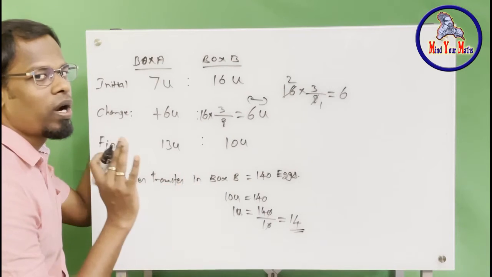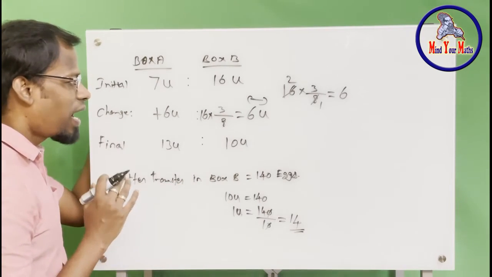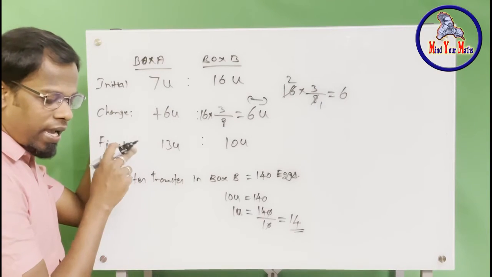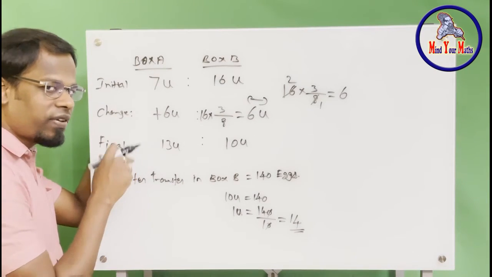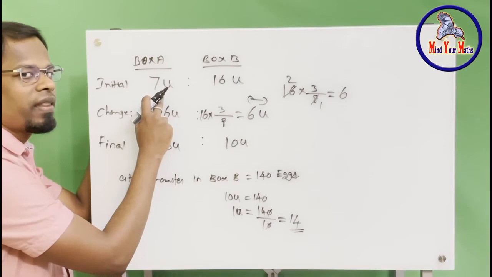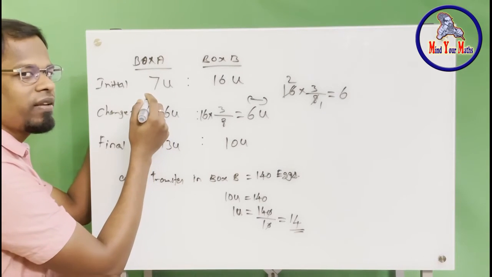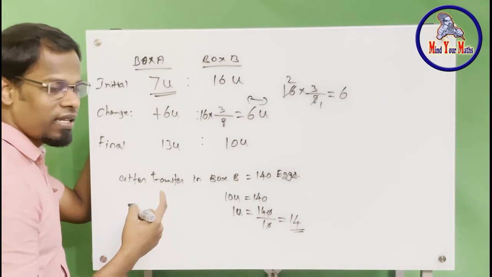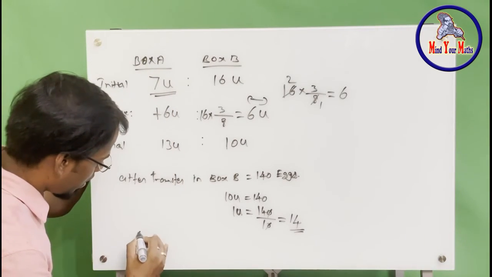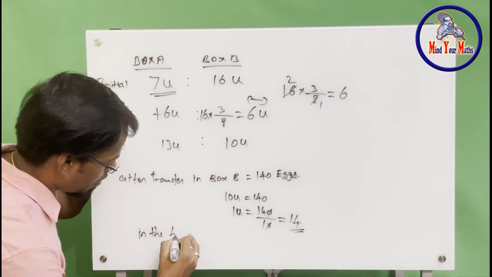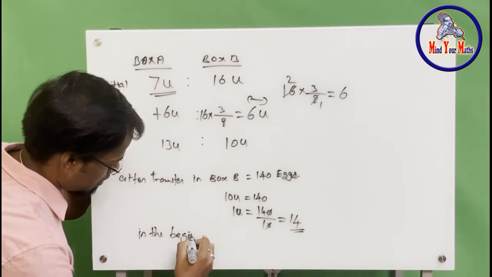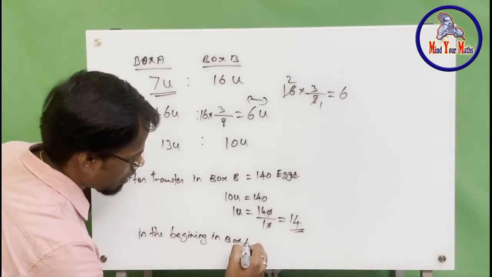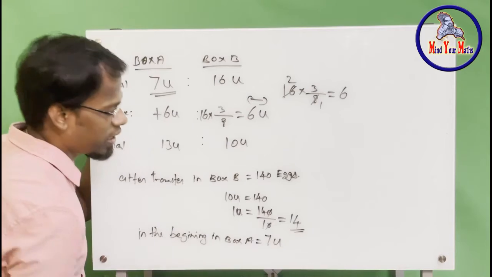Now we have found what is 1 unit. But the actual question is, how many eggs were in box A at first? How many units? 7 units, exactly. So in the beginning, box A was 7 units.